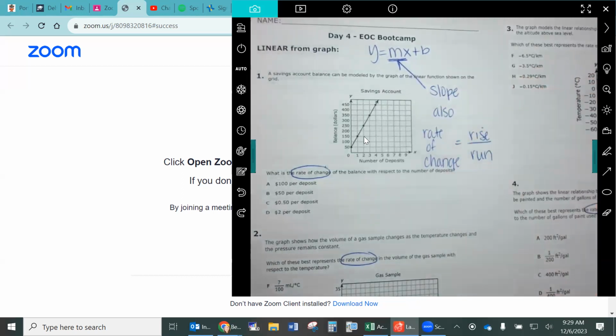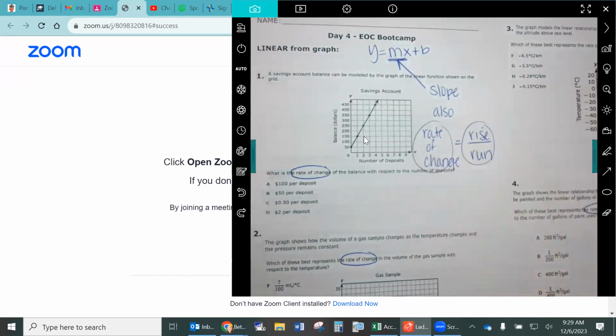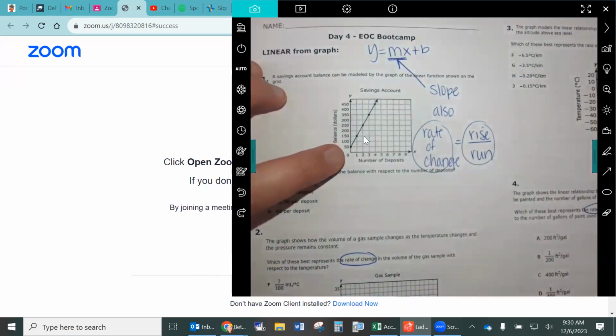Essentially, you find two pretty points on the grid, then count how many boxes they go up and how many boxes they go over. If I'm looking at number one here, my pretty points are all labeled for me.